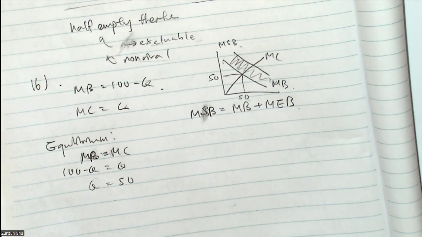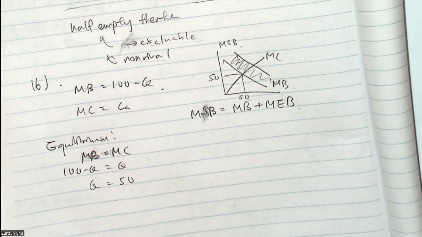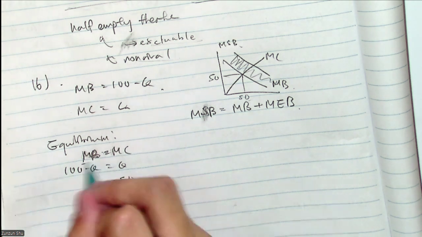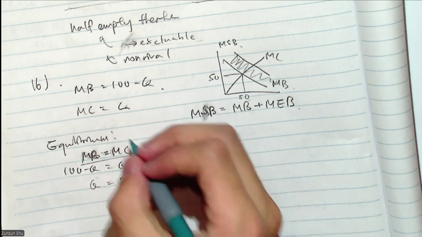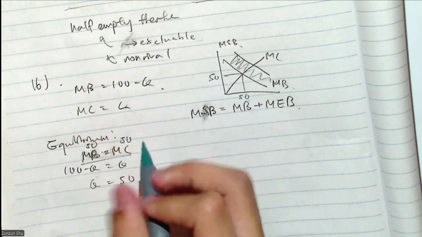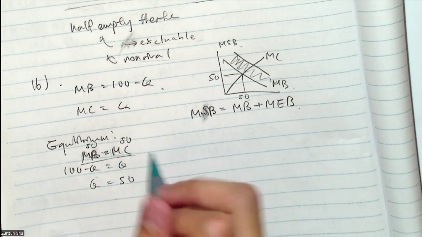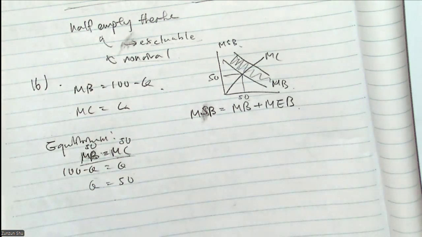But now the question is, what about the Q social? What's your socially optimal quantity? So take a look. MSB equals MB plus MEB. MB equals MC, they're both equal to 50, because Q equals MC. But what exactly is your MEB?